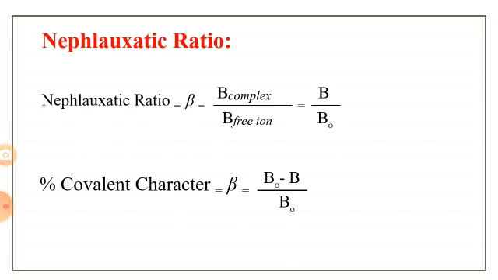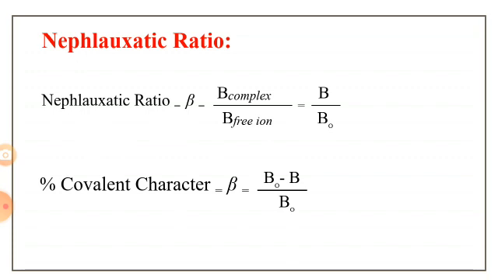As we discussed, the Nephelauxetic ratio of a complex is less as compared to the free ion, because mixing of two orbitals takes place when a single metal atom in gaseous form is surrounded by ligands and molecule formation takes place.